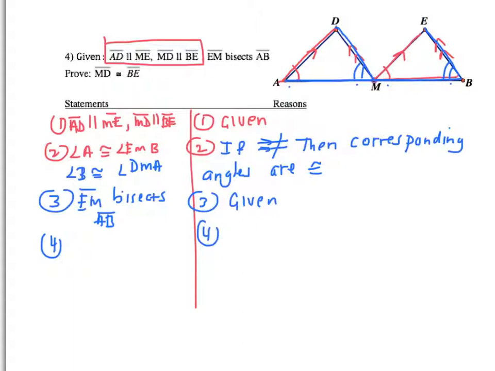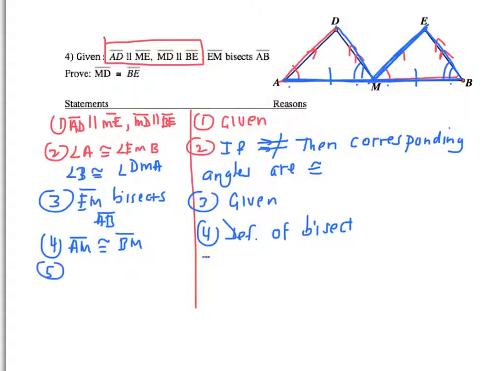If EM, this line segment right here, is coming in and it's bisecting line segment AB, it's dividing it into two congruent parts. So in step 4, we can make the conclusion that AM is congruent to BM, and that's by definition of bisect. Because to bisect something means to divide it into congruent parts.